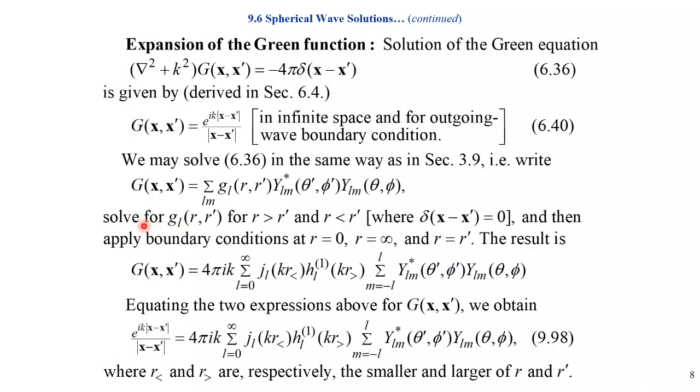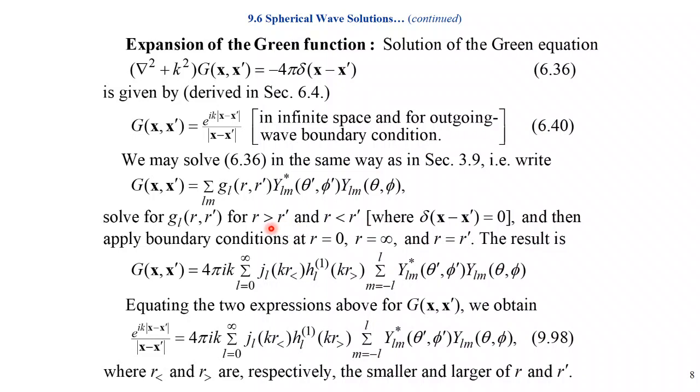We will solve the Green's function for r greater than r prime and r smaller than r prime, two conditions. Under these two conditions, this one is 0. Why?